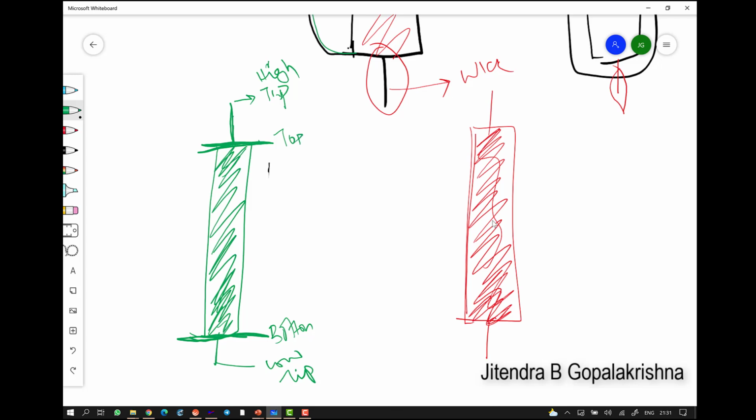For a green candle, listen to me carefully. This represents the open price. This here represents the close price.